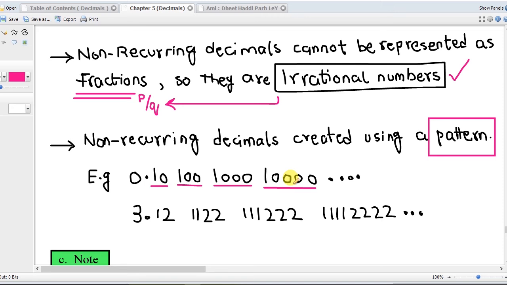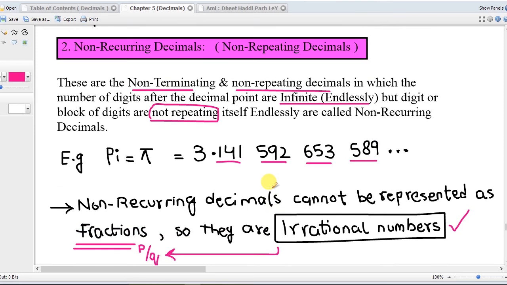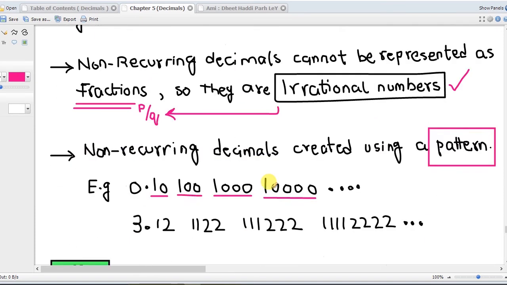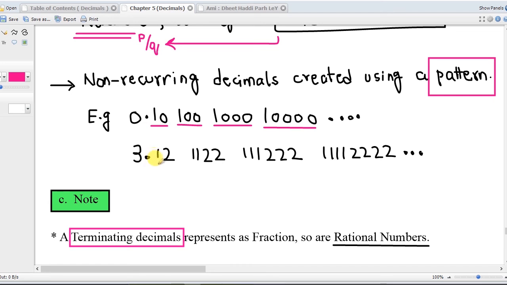So this is a sequence or a pattern this decimal value is making, and it is not ending. So this is non-terminating, plus this is making a certain pattern, so this is non-repeating or non-recurring, right?